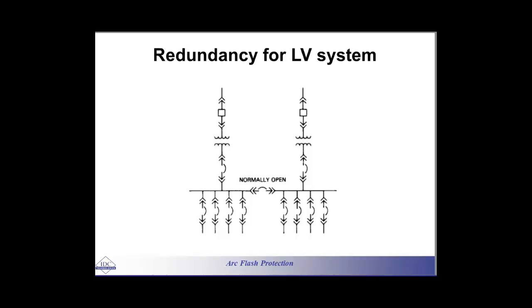Rather than having one supply, as I said, you have got two supplies connected to a switchboard, but rather than having one switchboard, you have got two, 1 and 2, and in between there is a switch which is normally open. You have got a circuit breaker or isolator switch in here, which is normally open.